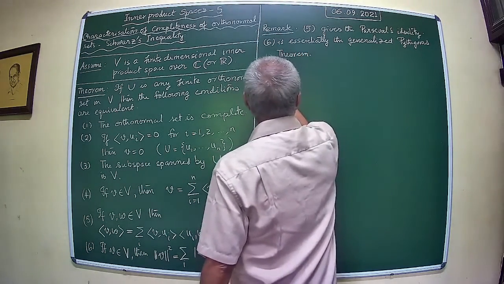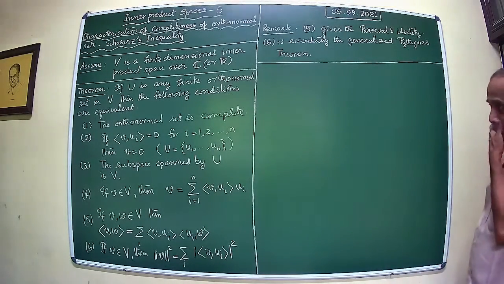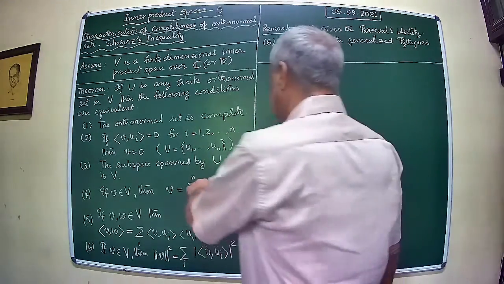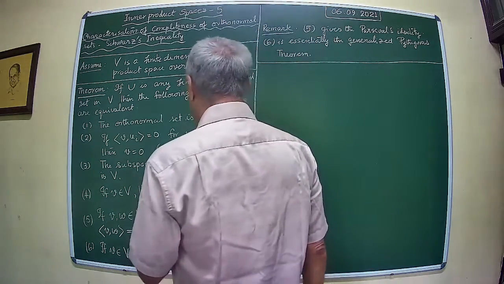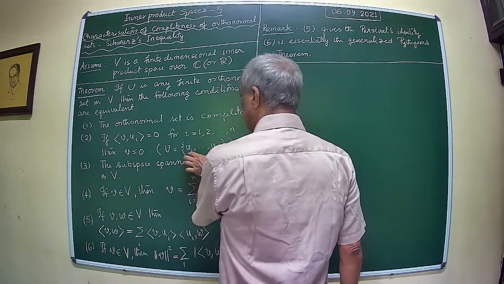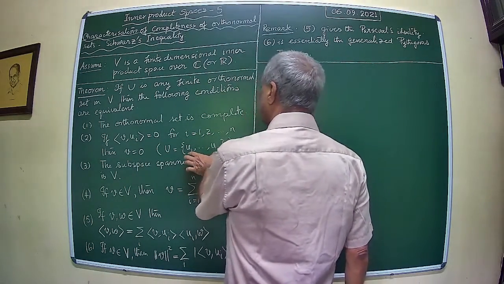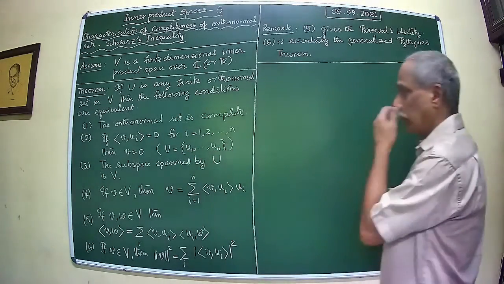So that's the remark that we make. So U is the collection U1, U2, etc. UN, and it is assumed to be an orthonormal set. Now we are talking about what is called the completeness of this orthonormal set.